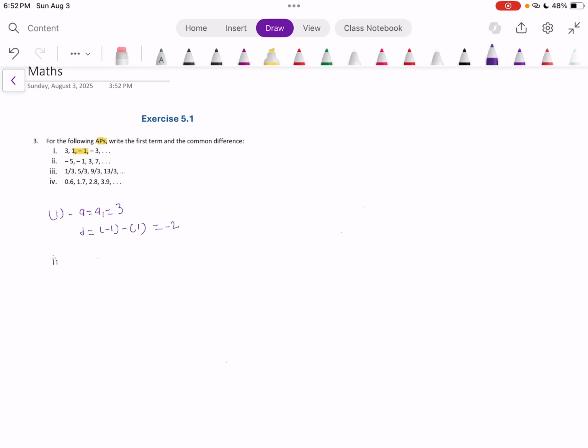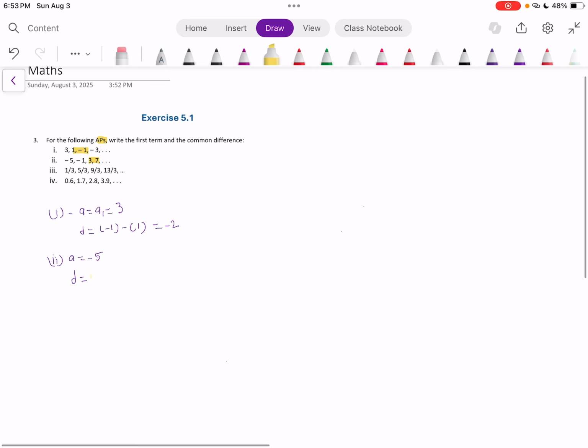Second question, A is going to be negative 5. D, here let's say I want to find the difference between the fourth and the third term. So 7 minus 3 is going to be 4.